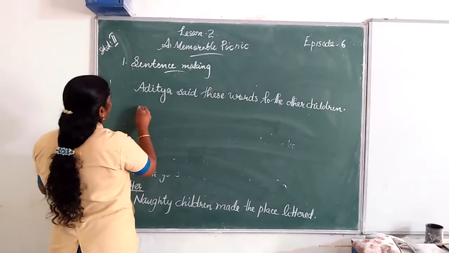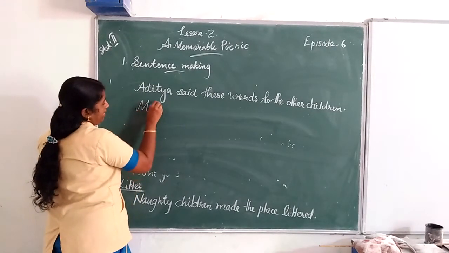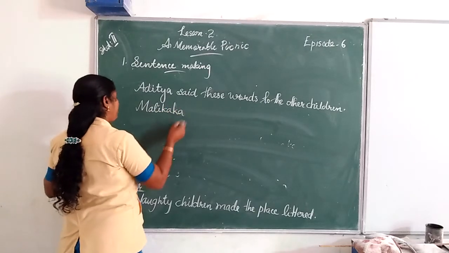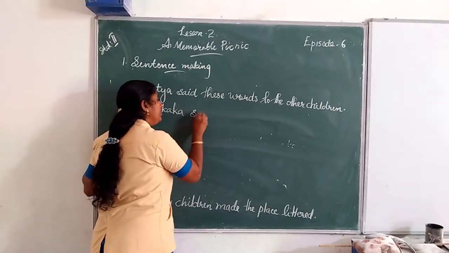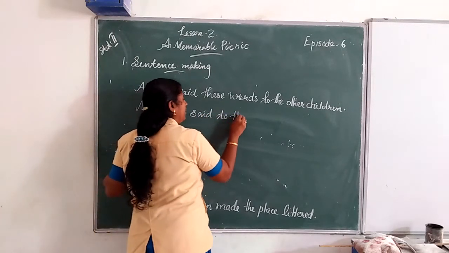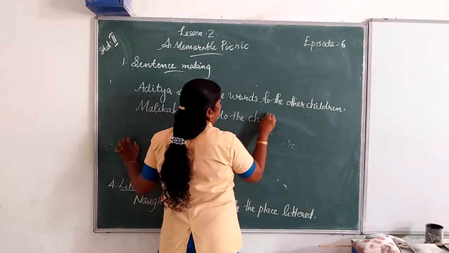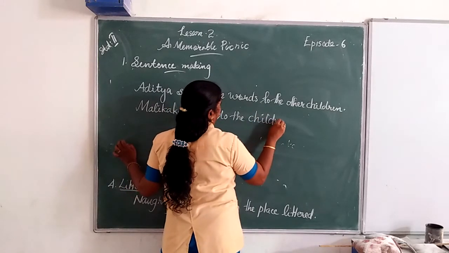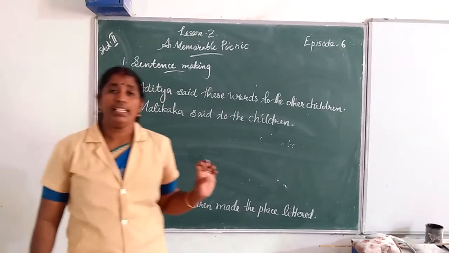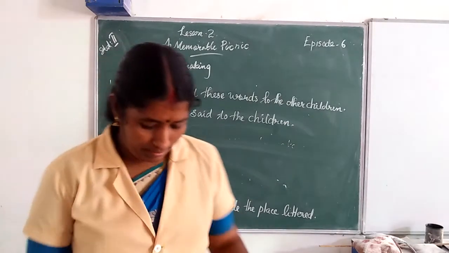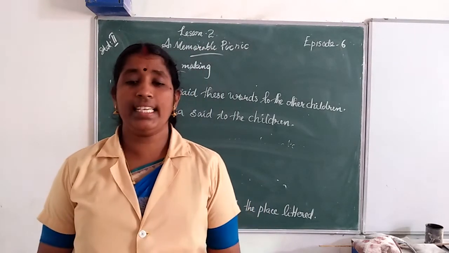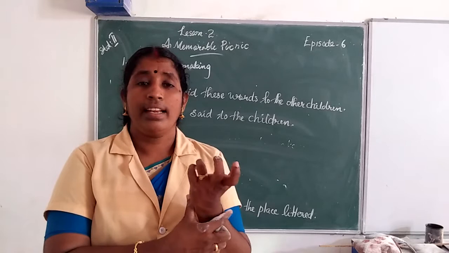M-A-L-I-K-A-K-A. Malikaka said to the children. Malikaka said these words to the children. Okay, is it clear? Do you finish? Write fast.